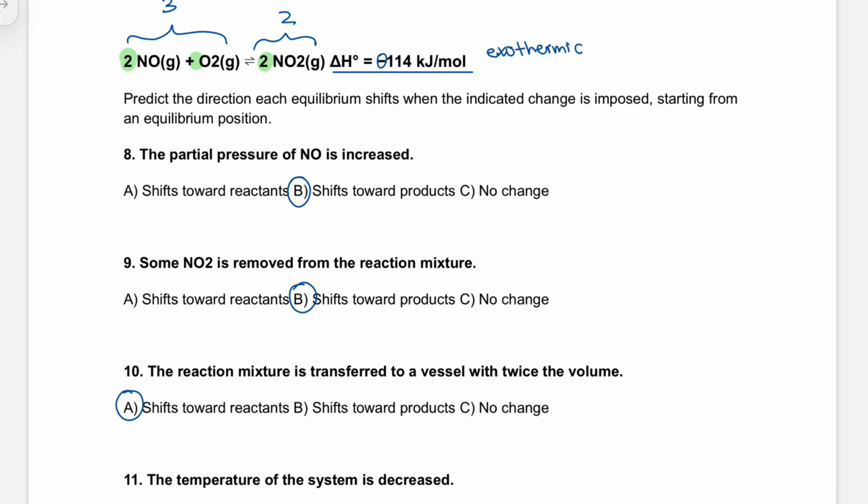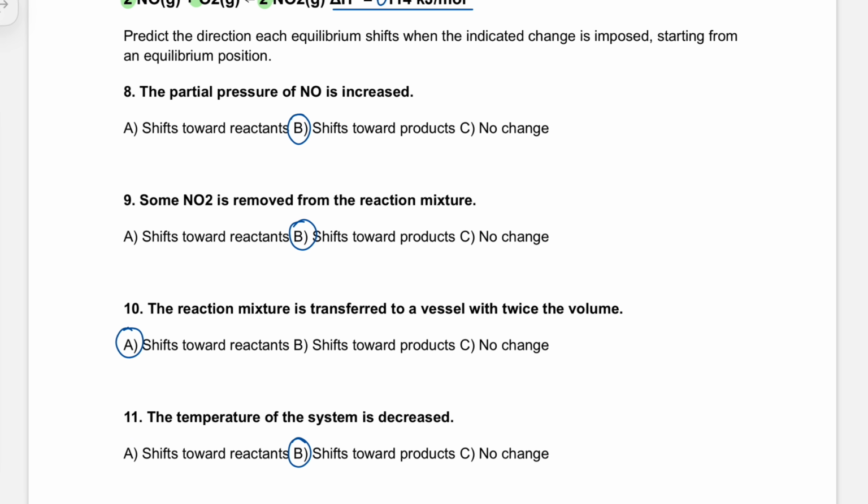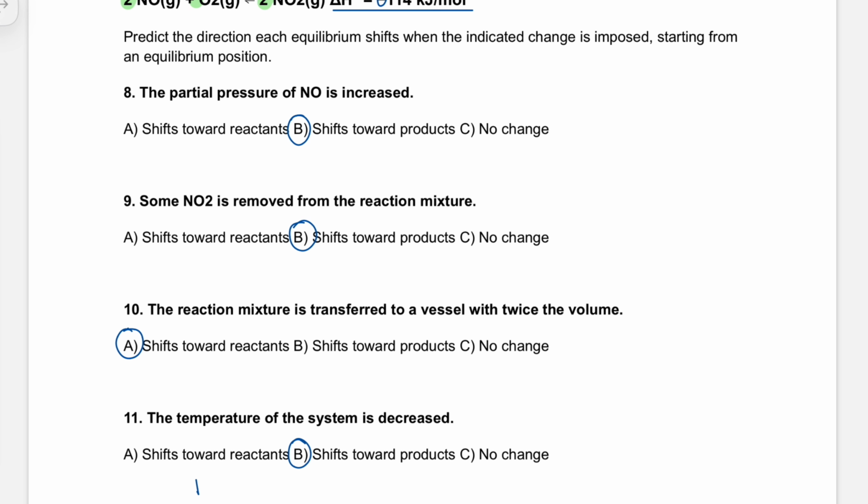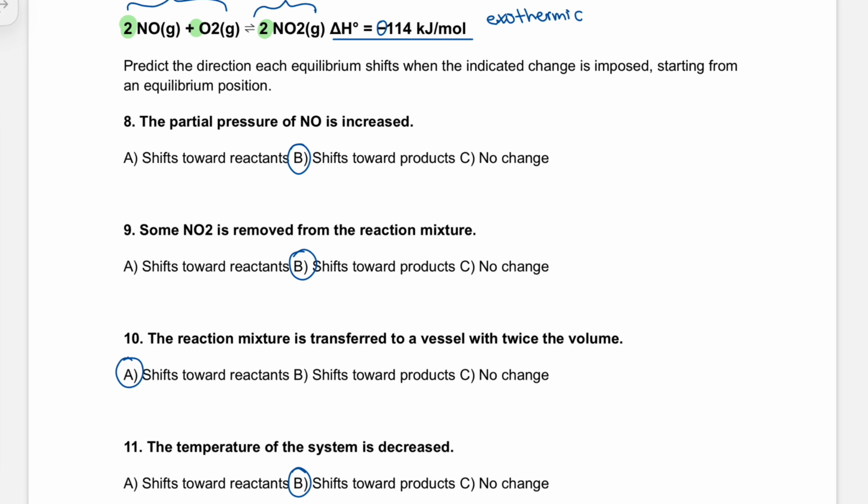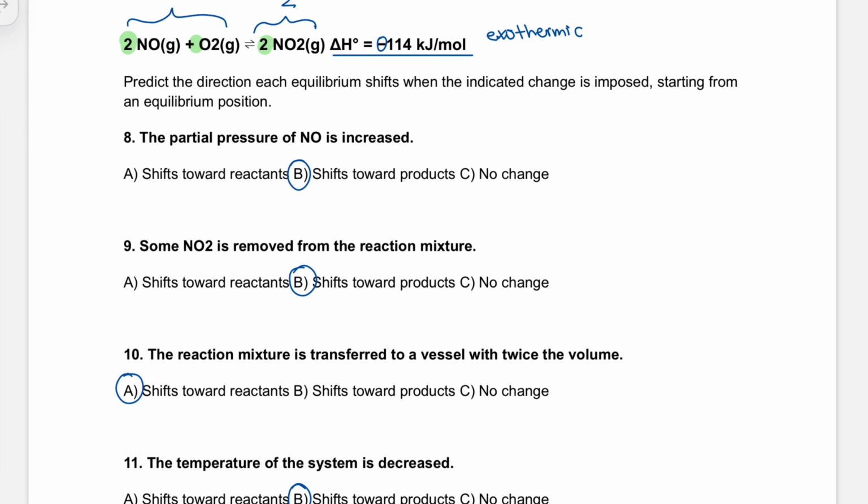So if we decrease the temperature of a system, it's going to shift in the exothermic direction, which is the forward direction, so it will shift towards the products. And then if we have an increase in temperature, it's going to shift towards the endothermic side. So always remember, decreased temperature, exothermic, increased temperature, endothermic.